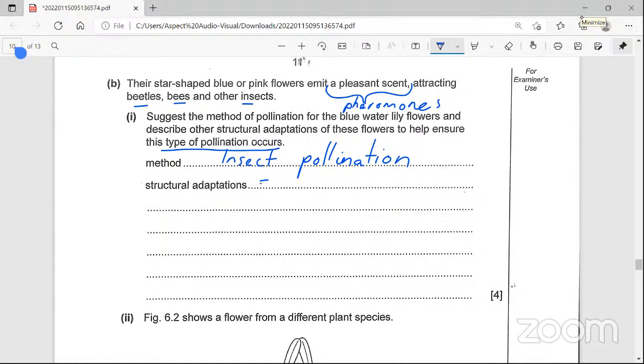Then the structural adaptations. They want us to talk about the structural adaptations which allow for insect pollination. Which ones do we have? Yes, the stigma is located inside the flower.